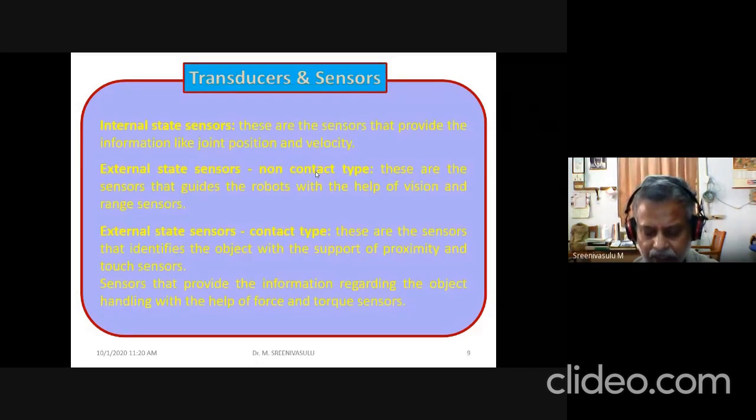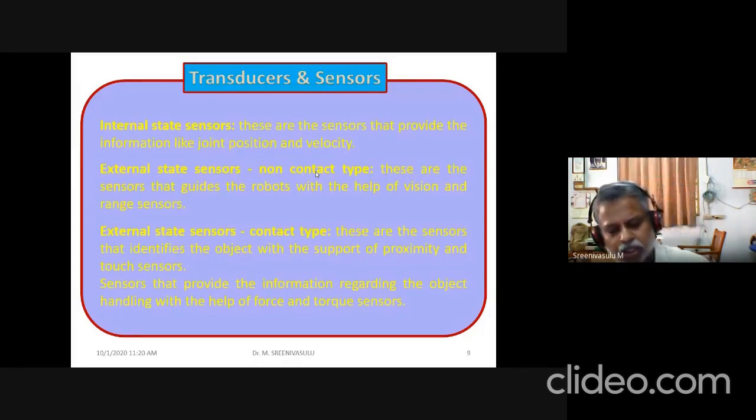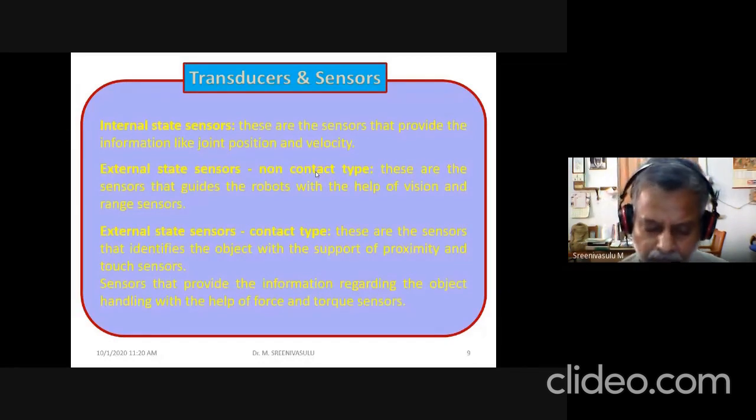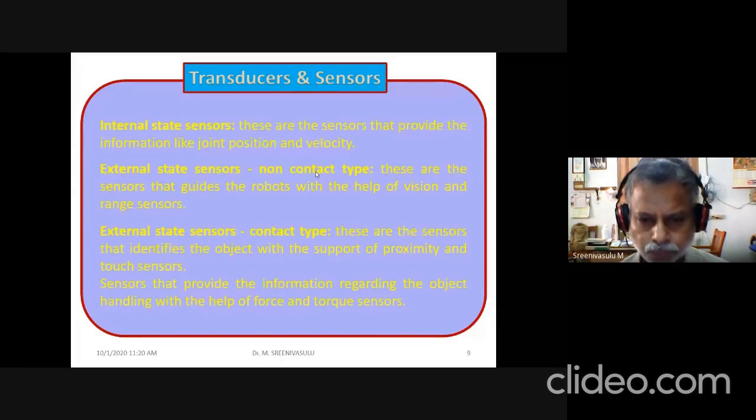Based on that, the activation and deactivation of your fingers or end effectors happen. Those sensors are not bothered about contact, which is why they are referred to as non-contact type.